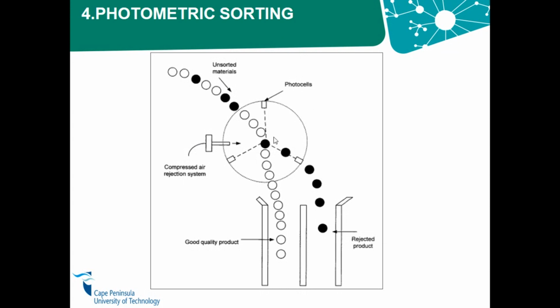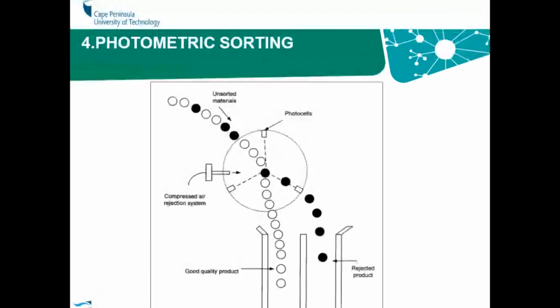So this is configured such that the good quality material will be the clear material, so this will be let to pass through. But if this photocell detects the black material, it's going to be on the rejected part. So this is how it works. Let us look at an example in the form of a video here.